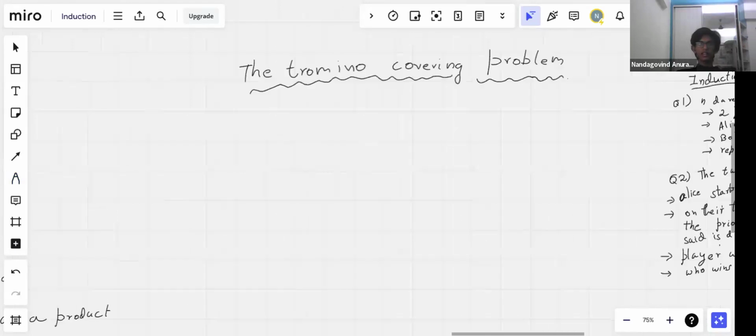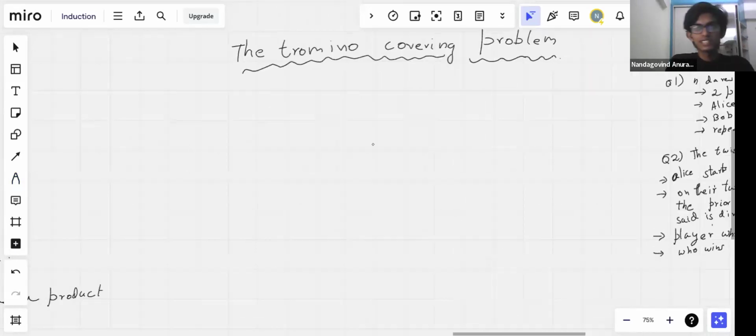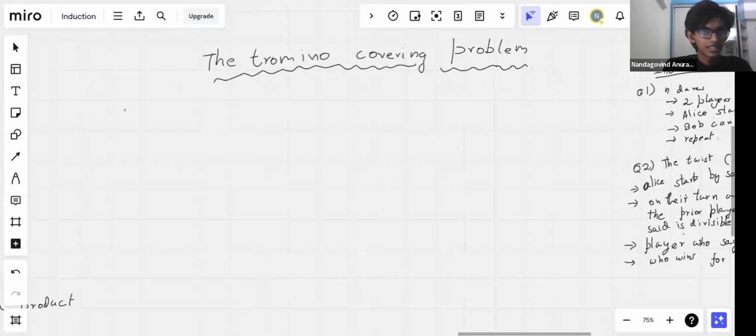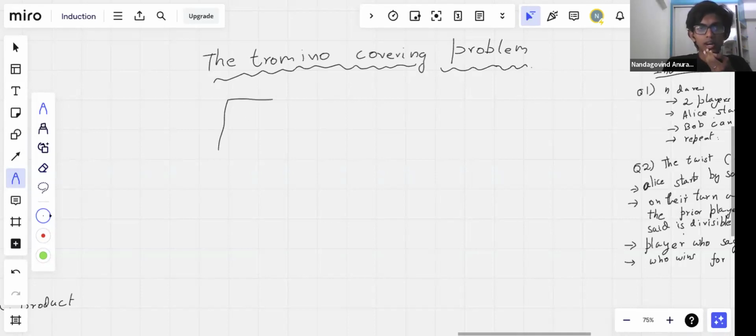Okay, so we have a personal favorite question of mine. It's something I saw really early into my Olympiad prep. It's a fairly nice question. So you have a board. Are you familiar with what a Tromino is?